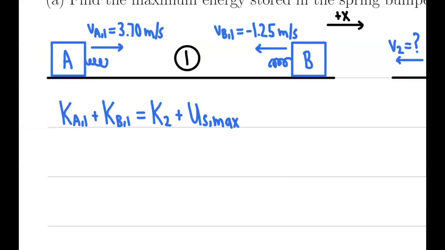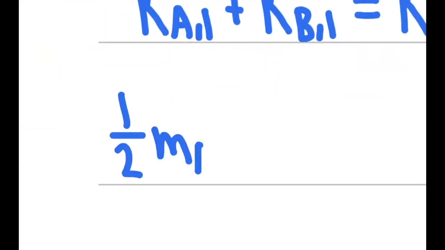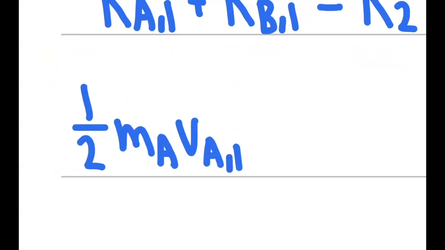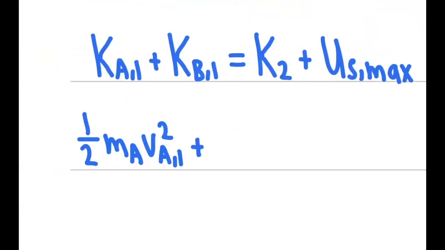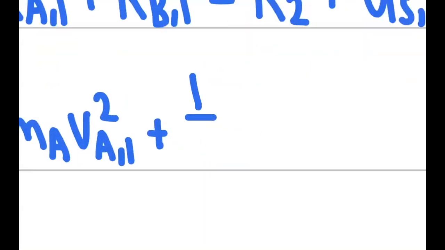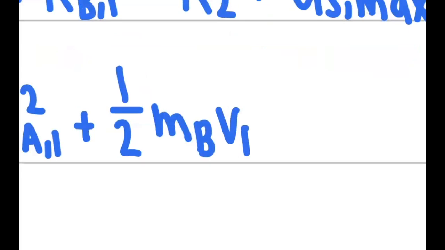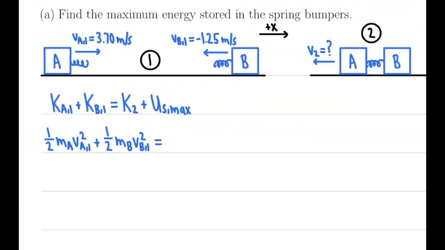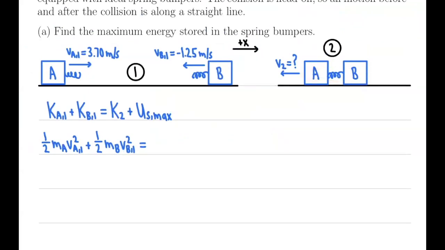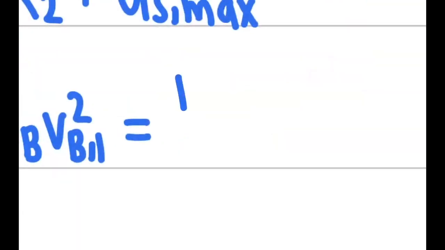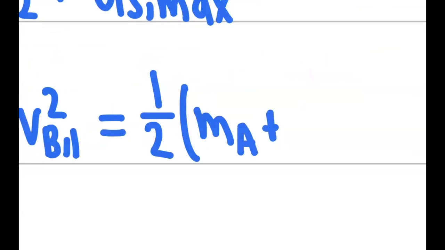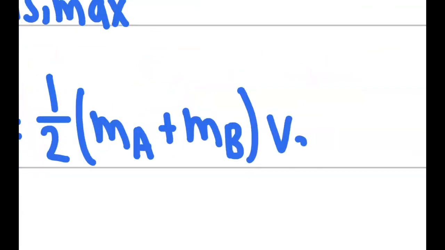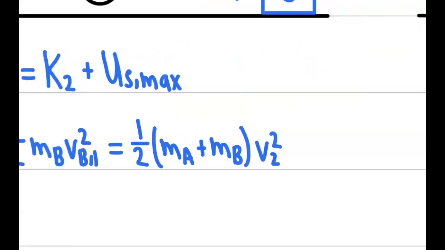KA1 is 1/2 mA vA1 squared. KB1 is 1/2 mB vB1 squared, and that equals K2. And remember, for 2, the blocks are moving together, so it's 1/2 (mA plus mB) v2 squared, plus U_S max, which is what we're trying to find.